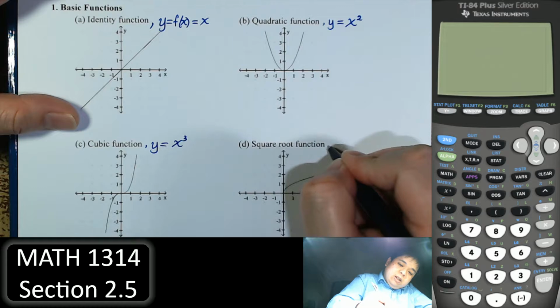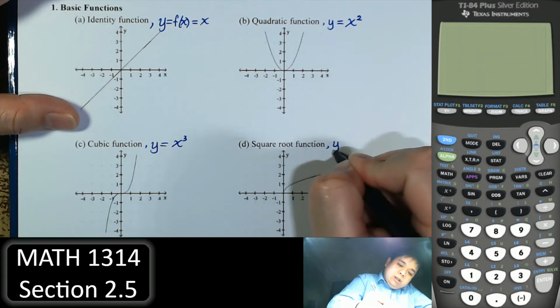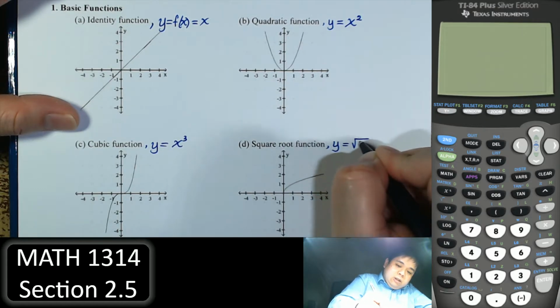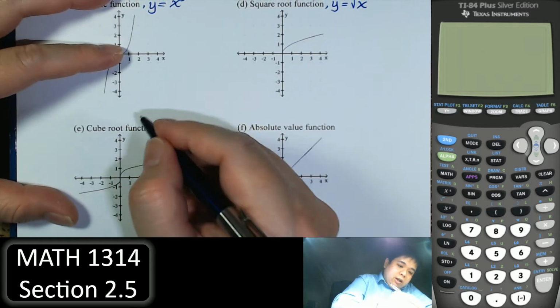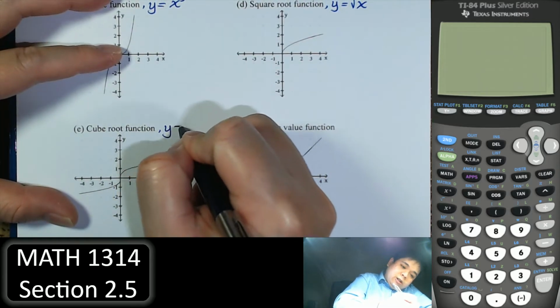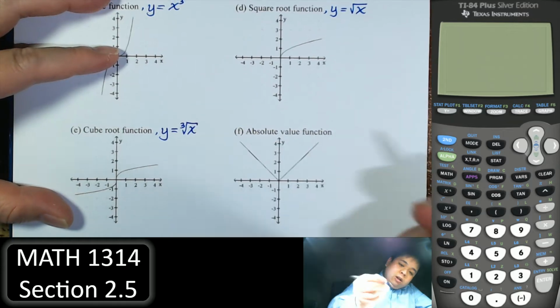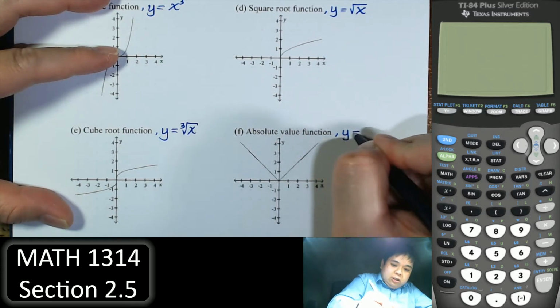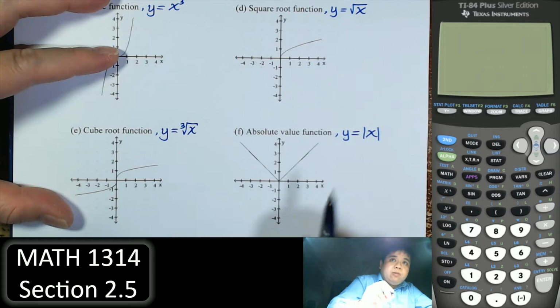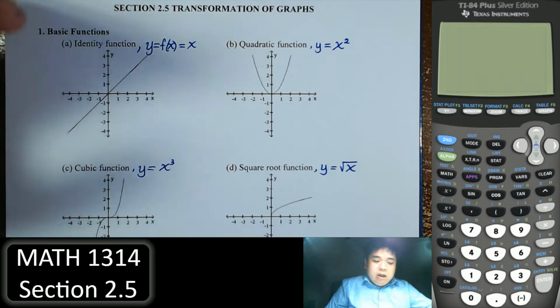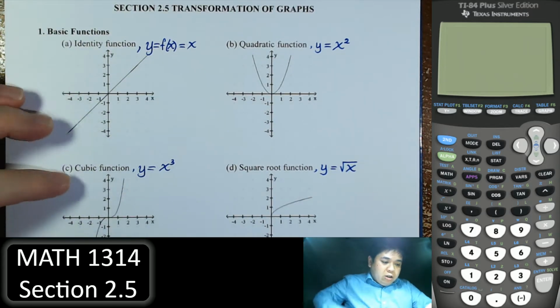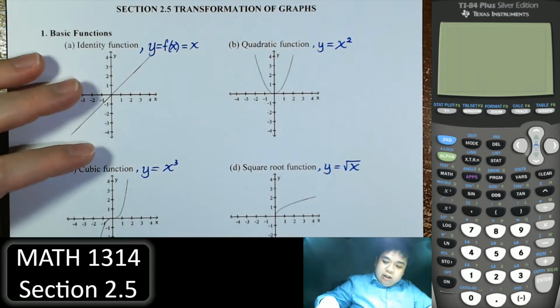Square root, cube root function, and absolute value function. Right. Identity function is just the diagonal line.